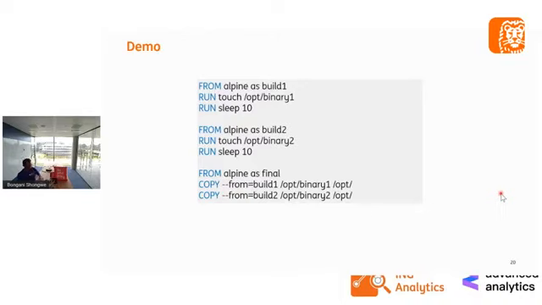Now, I'd like to also do a quick demo on BuildKit. So I have prepared this Dockerfile here. You'll see here I have this set of build stages, these build steps, and I run a sleep command, and I have another set of build steps, and I run a sleep command, and I produce this final image based on those sets of build stages.